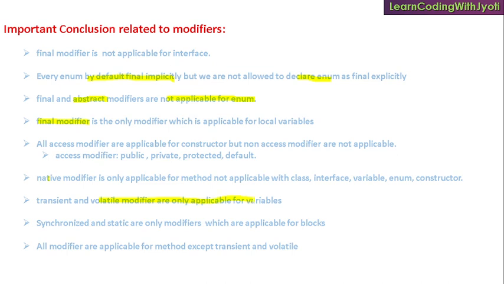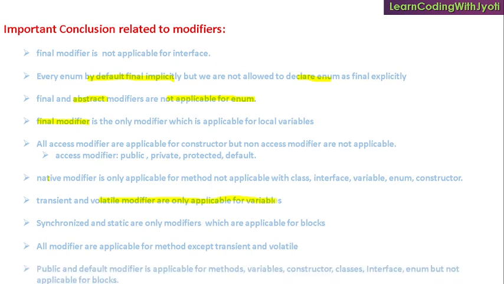That's why these are not applicable for method. The next is public and default. These modifiers are applicable for method, variable, constructor, classes, interface, enum, but these are not applicable for block. With the block we have seen only synchronized and static. These modifiers are only applicable for block.